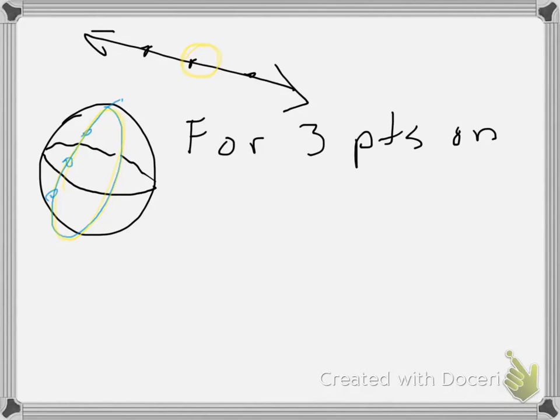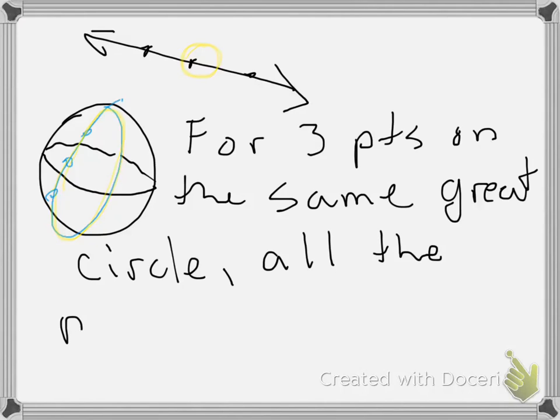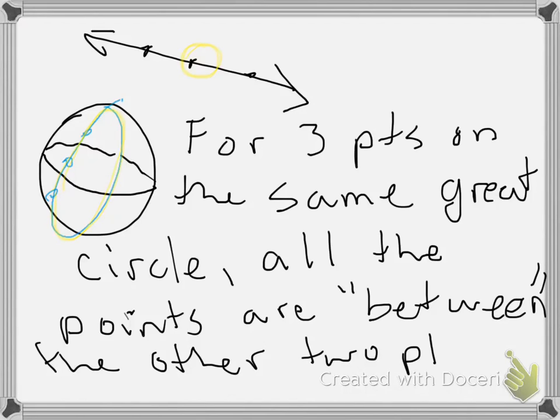For 3 points on the same great circle, all the points are between the other 2 points.